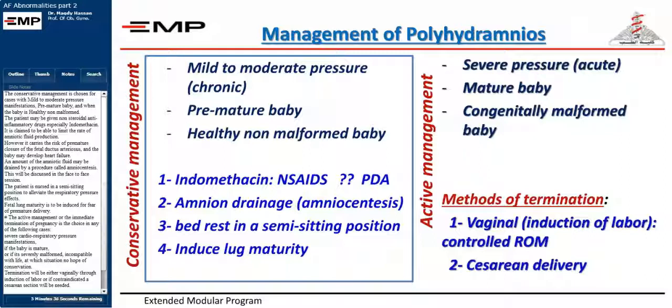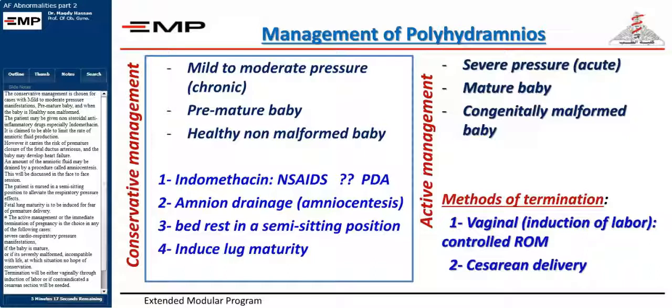The patient may be given nonsteroidal anti-inflammatory drugs, especially indomethacin. It is claimed to be able to limit the rate of amniotic fluid production. However, it carries the risk of premature closure of the fetal ductus arteriosus, and the baby may develop heart failure.